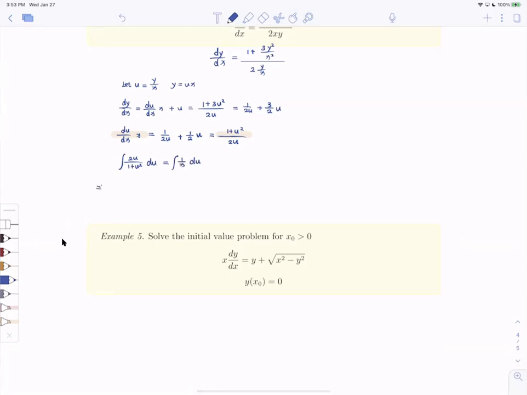So this will give us ln of 1 plus u squared equals ln x plus c. So you substitute it back, ln of 1 plus y squared over x squared equals ln x plus c.